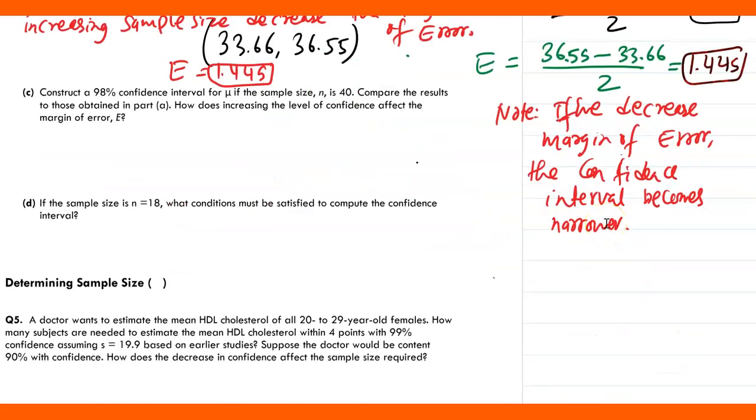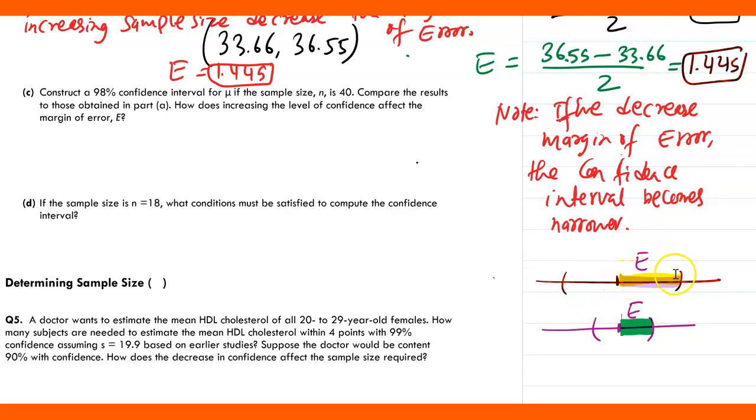Another way to see it, let me draw a picture for you. Let's say this is the point estimate, this is the interval, and this is the margin of error. Now if you decrease the margin of error with the same point estimate, the margin of error is just that. Look at the confidence interval.